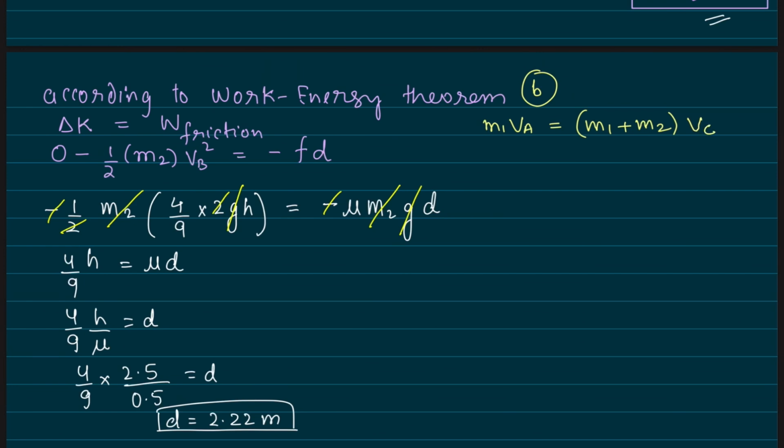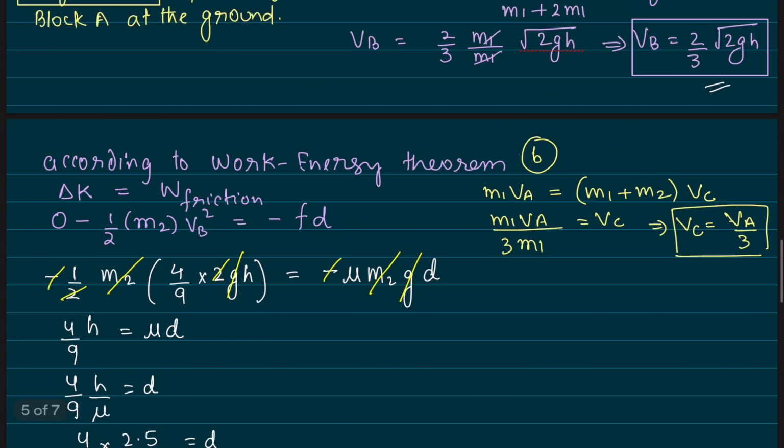By putting the values, this is m1 va divided by 3 times m1 equals vc. The m1 cancels, and you will get vc is equal to va by 3.